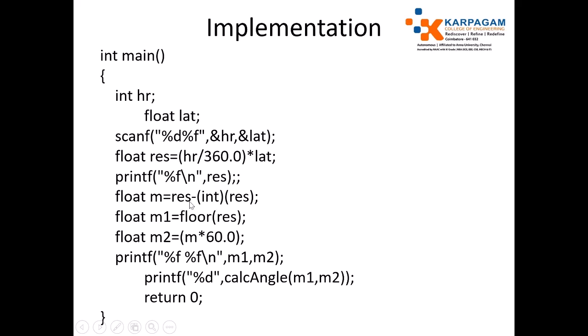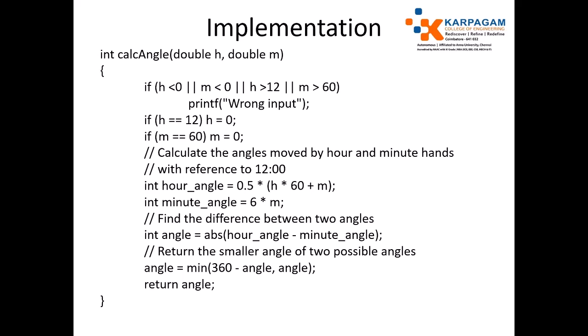Result is 5.5, integer of result means 5, 5 minus 5 equals 0.5. That 0.5 value is multiplied by 60 to get 30. Finally, 5 hours 30 minutes is passed to the calculate angle function. This will return 15 degrees. This is based on a mathematical problem.